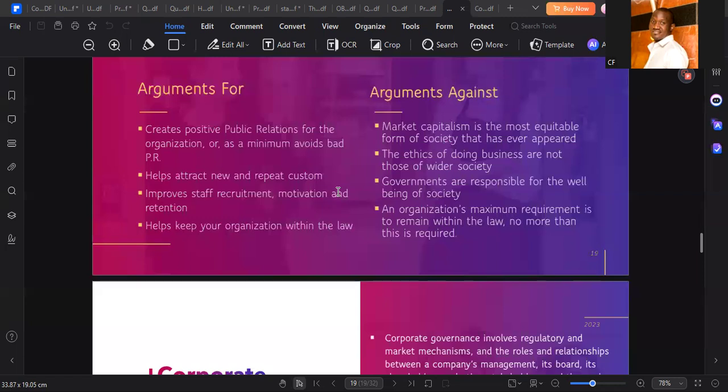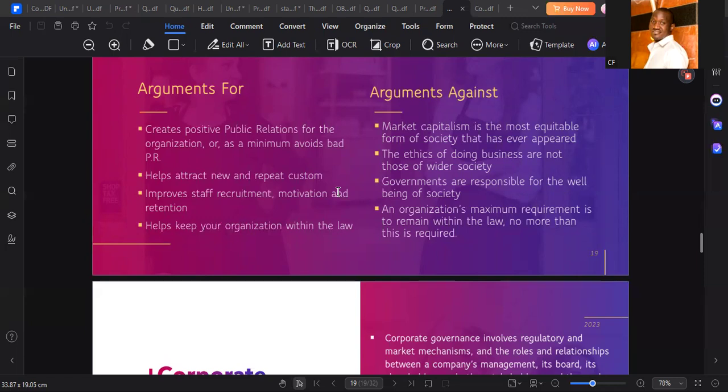Arguments against are, number one, the market is equal. You are not forced to redirect your money to things that are not in line with your objectives. You've just opened a lodge and you want to start making a road, at whose cost? And sometimes the ethics of doing business are not those of the wider society.